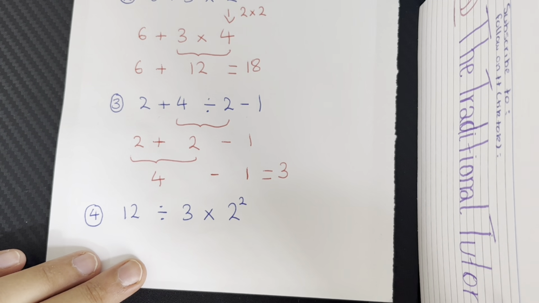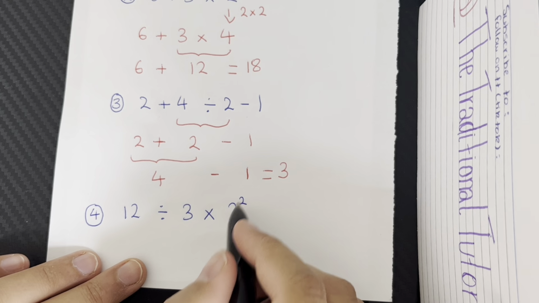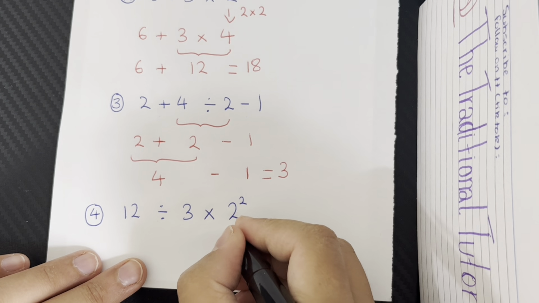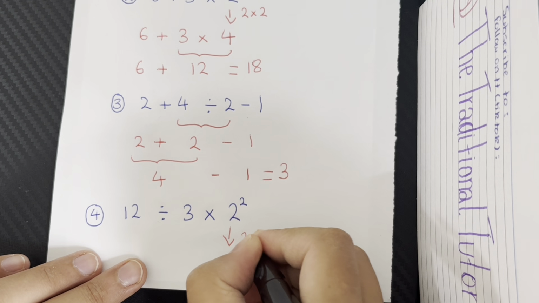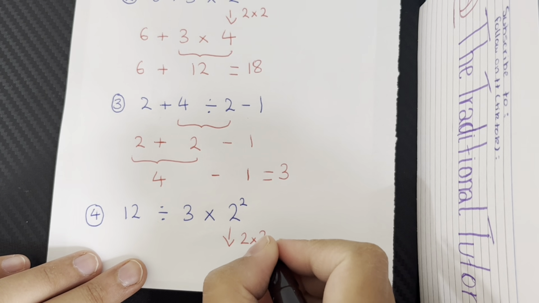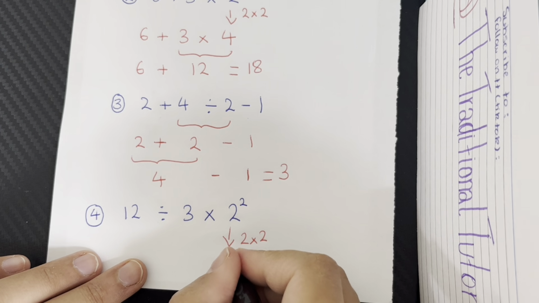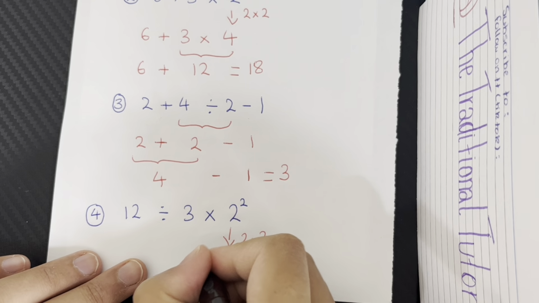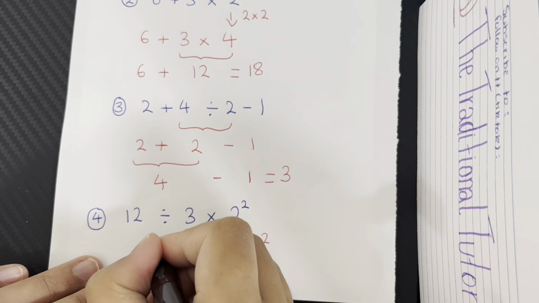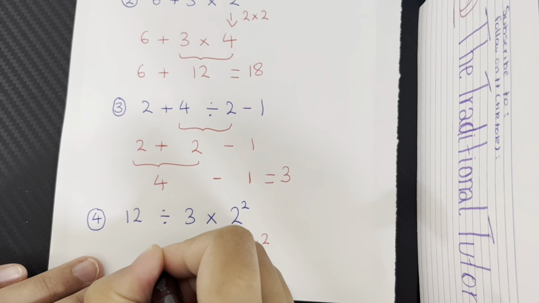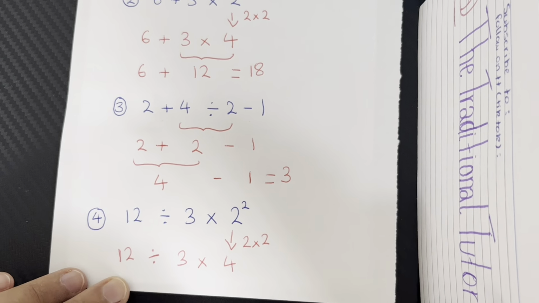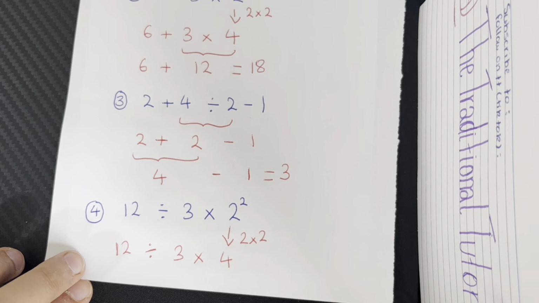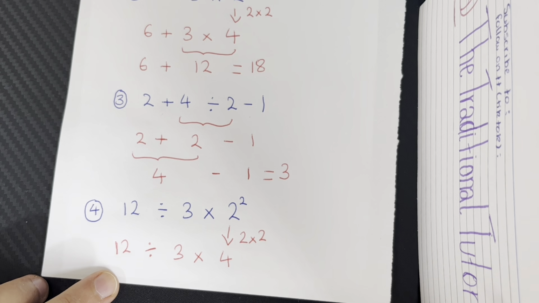BIDMAS, remember, tells us we've got to do indices first before division and multiplication. So let's solve 2 squared, that's just 2 times by 2, multiplied by itself twice, that's 4. Still got my times by 3 and divided by 12. Oh, sorry, 12 divided by 3 times by 4.